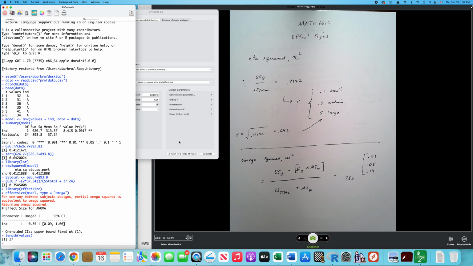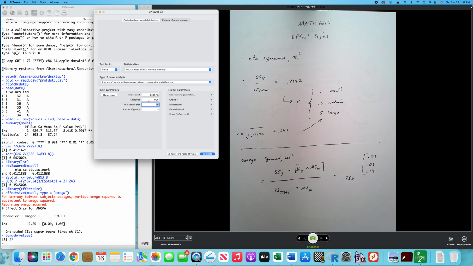Yeah, 27. So type 1 error rate 0.05. We have our effect size, so 27. So we're going to get power actually above 0.8. So we get a 0.96 power. So the probability of rejecting a false null is 0.96. It's going to happen almost every single time.